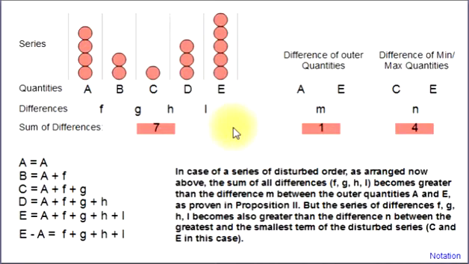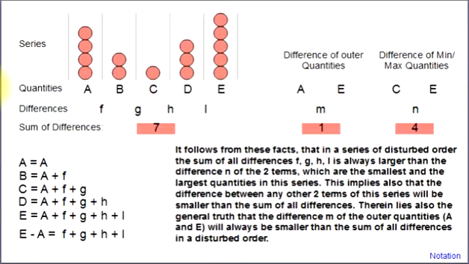But so far we have achieved what we needed to show, that the difference between the outer quantities A and E will never ever be larger than the sum of all differences in the series. That's the important message to take away from here. And that's basically what we needed to show.